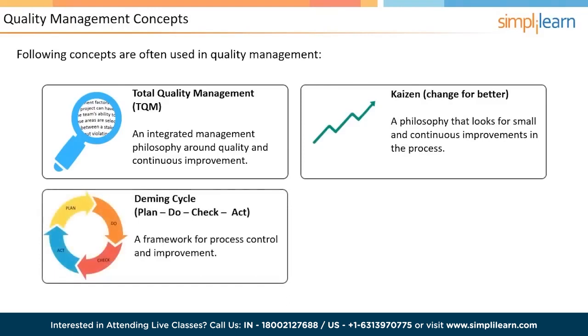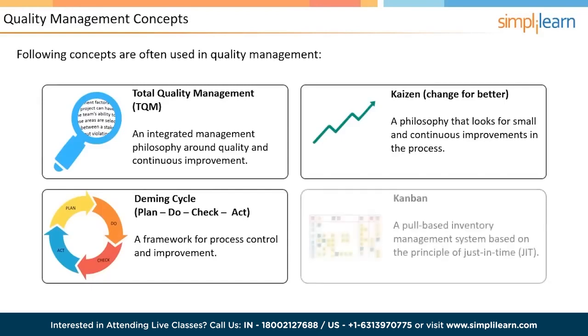Deming cycle, or PDCA cycle, that is, Plan, Do, Check, Act, is a process control and improvement approach propagated by the famous quality guru Edward Deming. It means you plan for something, execute it, check the output, and based on the lessons you act to bring the deviations under control.